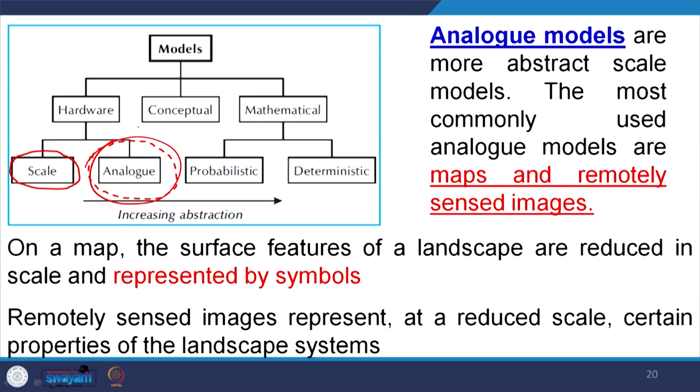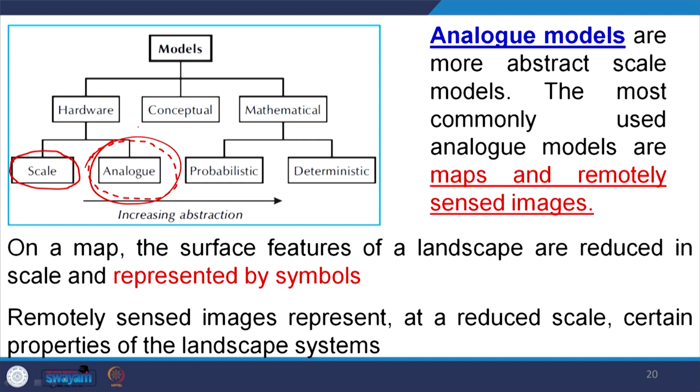Another type of model is the analog model. Analog models are more abstract scale models. The most commonly used analog models are maps and remote sensing images. Here there are two subdivisions, one called static model, another called dynamic model.